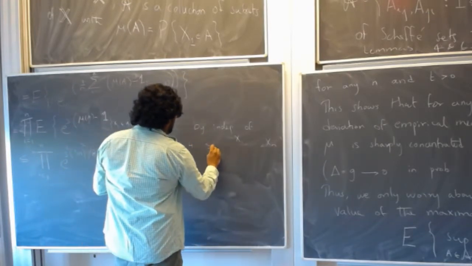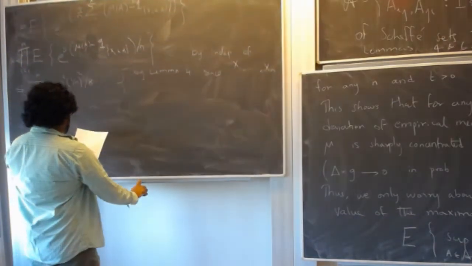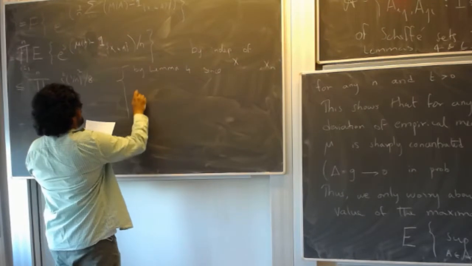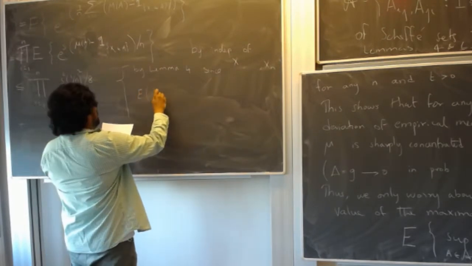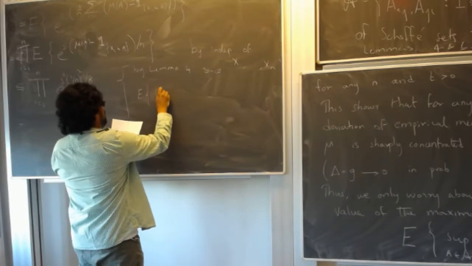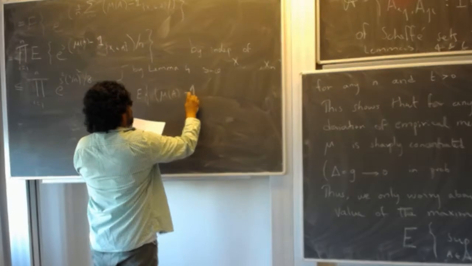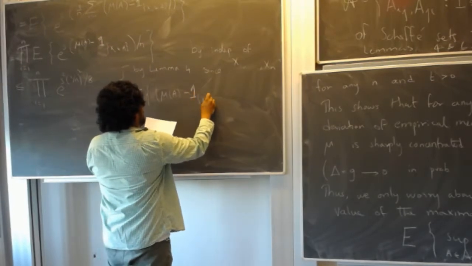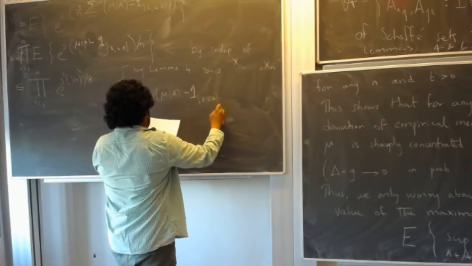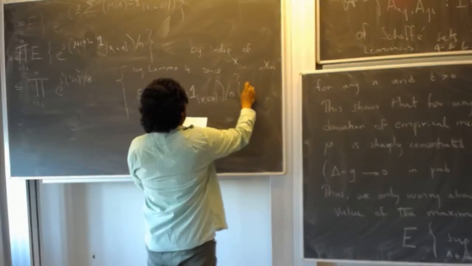Why? Because the expectation of mu of a minus the indicator of x_i in a over n is 0.